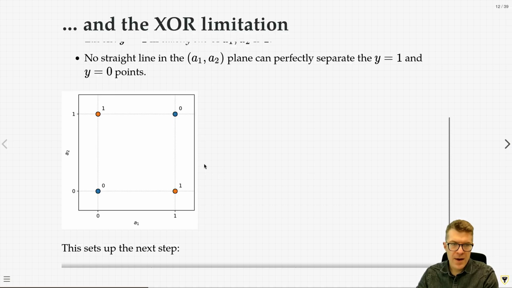Similarly, if you wanted to learn the plain old OR function, you'd want to output 1 if either A1 or A2 or both were 1. So in that case, all three possible combinations up here, in the upper left, the upper right, and the lower right, would all be 1, and it would be a 0 down here.